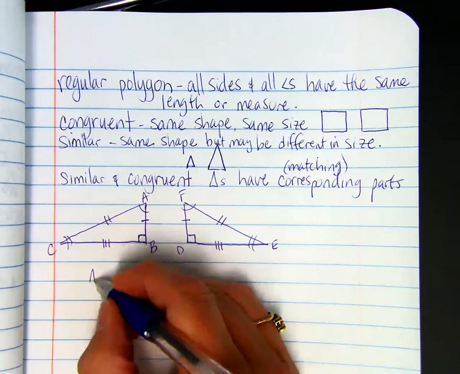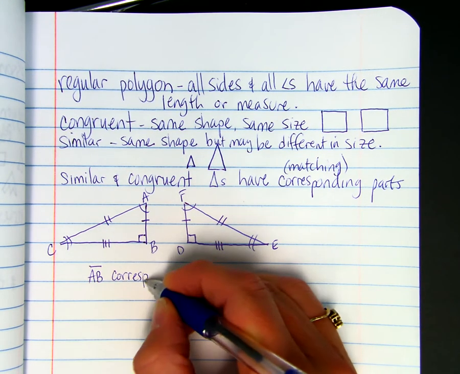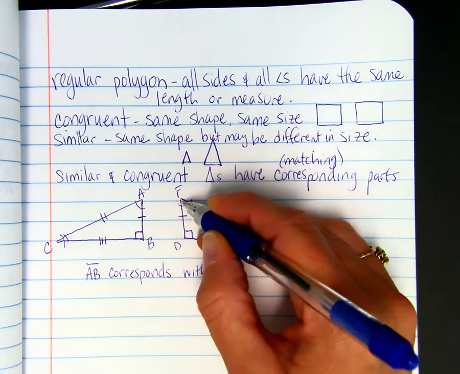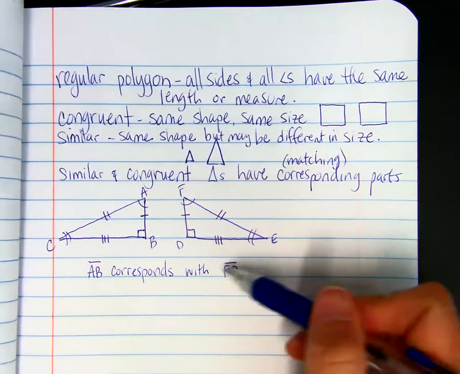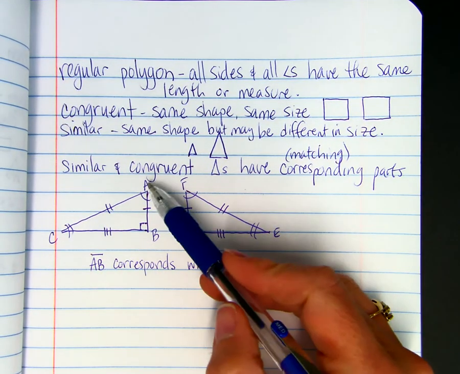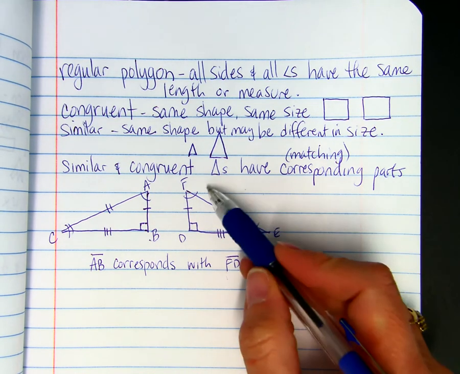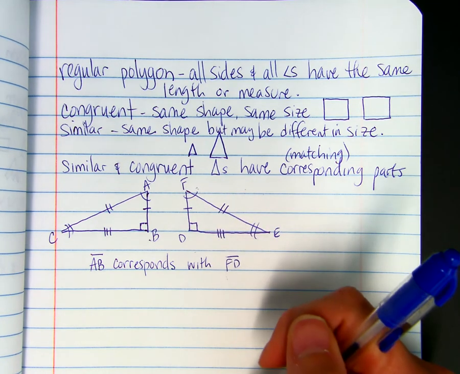So we have segment AB corresponds with segment FD. Order matters, how you write it. So AB, I went from an acute angle to the right, would correspond with FD, which is from the acute angle to the right angle.